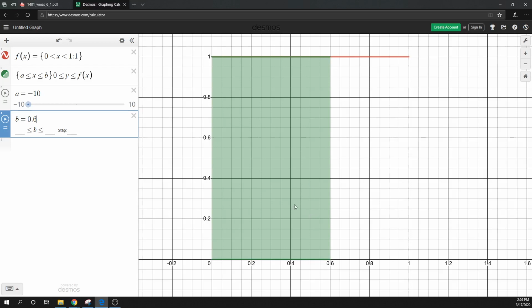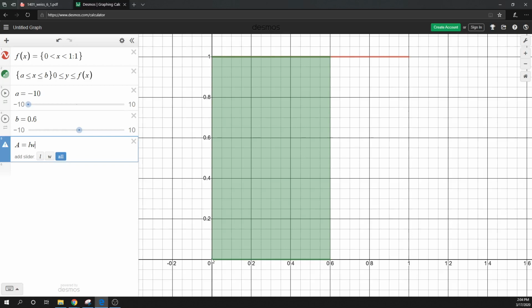I'm not going to ask you to prove that or anything like that, but it's really easy here because these are rectangles that we're talking about, and the area of a rectangle is length times width. For all of these, either the length or width, however you want to say it, is 1.